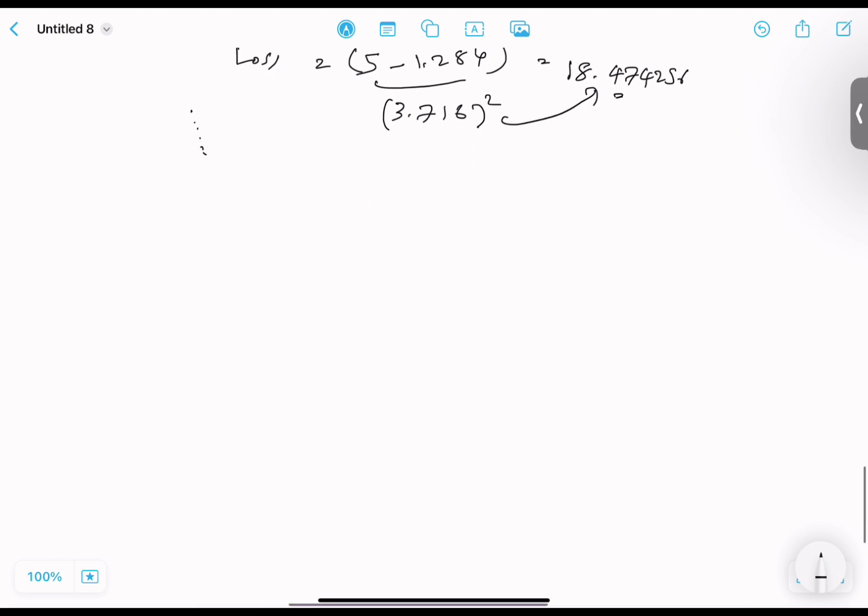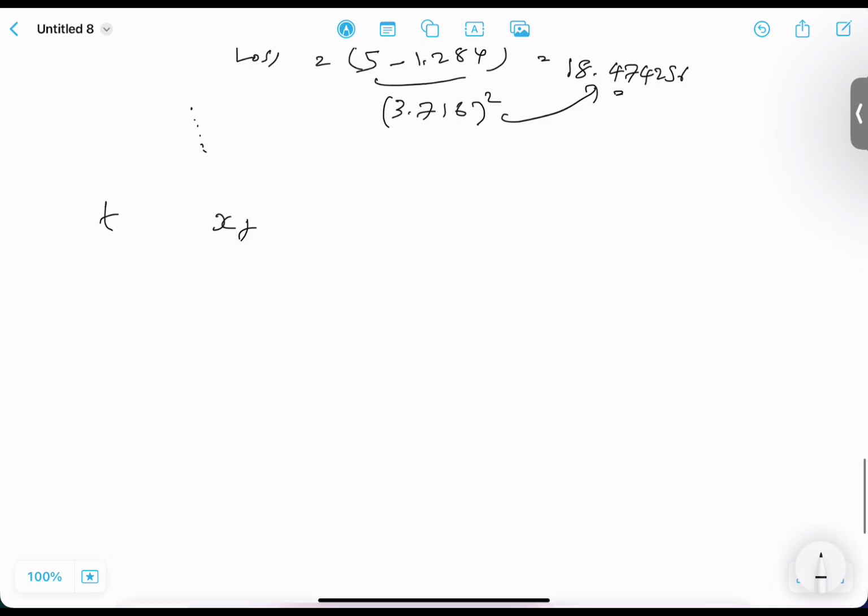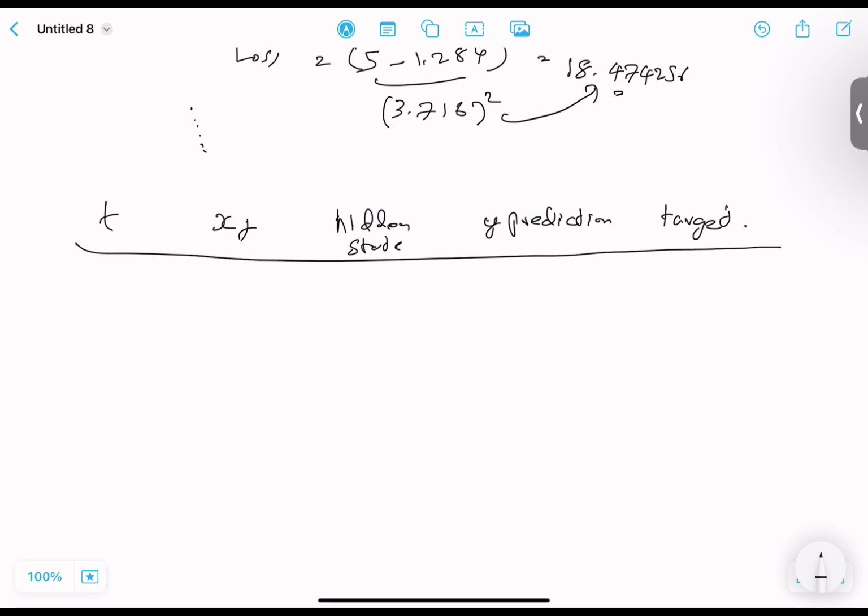Let's draw a table like this. This is the hidden state, y prediction, and the target. So in an array or something like that, in the neural network program, they keep each of these hidden states.